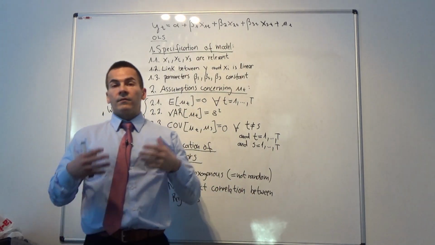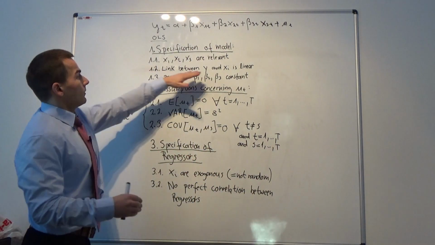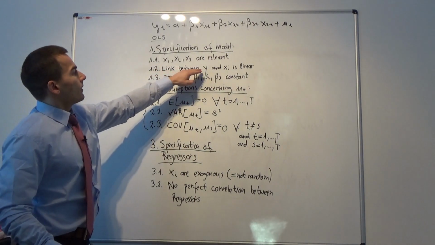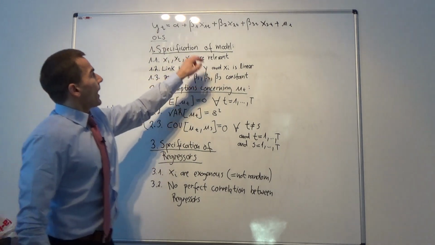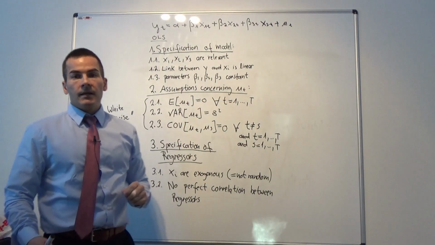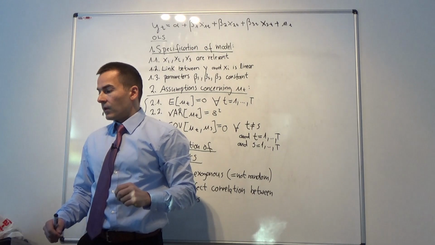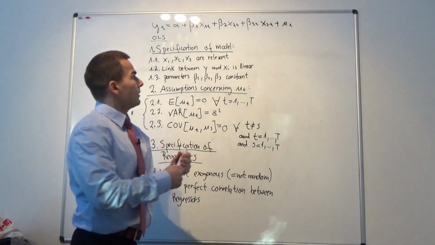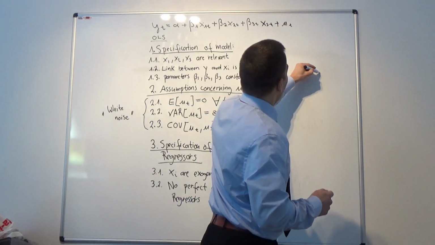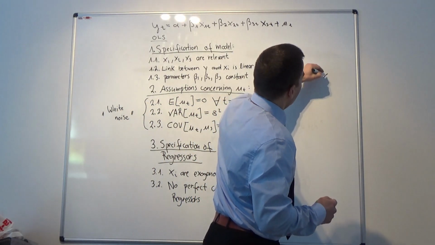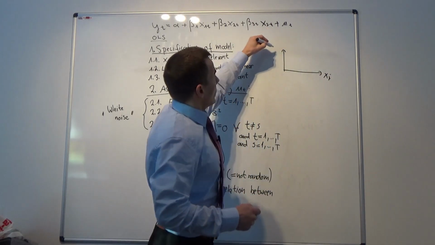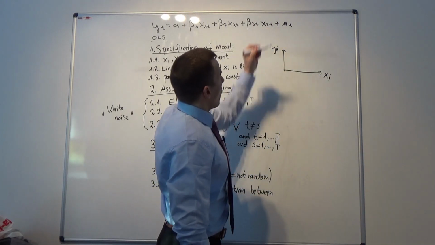The second assumption, which is also very important, is that the link between your dependent variable y and the regressors is linear. What we do not want is this: let's say we have our xi variable, and on the y-axis our yi variable.